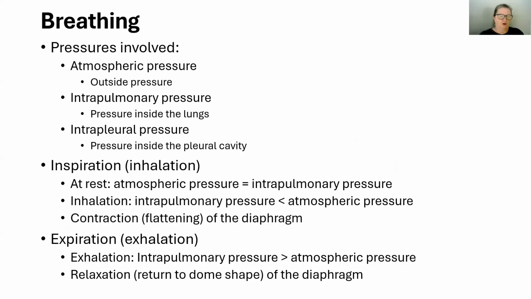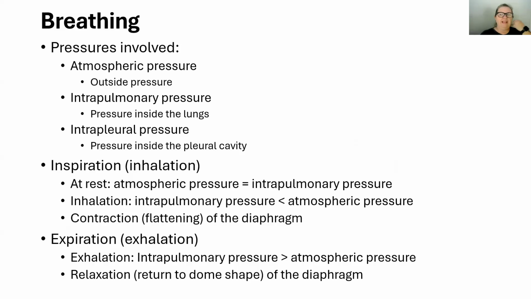Okay, changing those pressures. And what also happens is our diaphragm, which is a huge muscle that lies just under the lungs at the bottom of the thoracic cavity, flattens. Because normally the diaphragm is kind of a domed shaped muscle. It flattens out when we breathe in to allow our lungs to expand more.